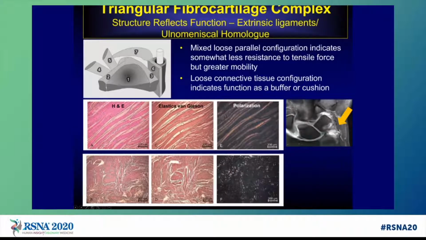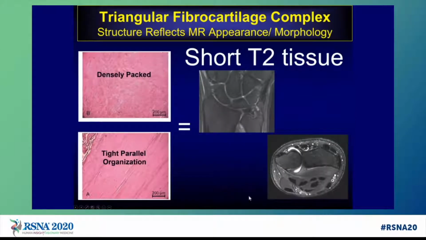In this case, all of these spaces between the collagen fibers have the opportunity to have inflammatory change, high signal intensity here, synovial hypertrophy interdigitating between those collagen fibers. And so the histology, I think, really helps us to understand the findings that we see, the morphology, as well as the findings that we see in the setting of pathology.